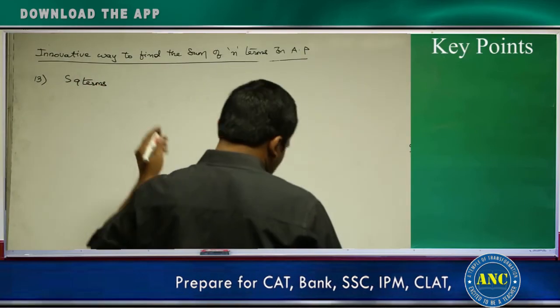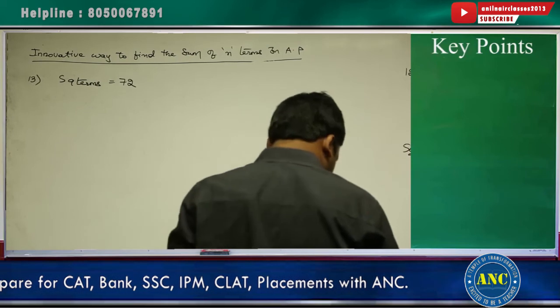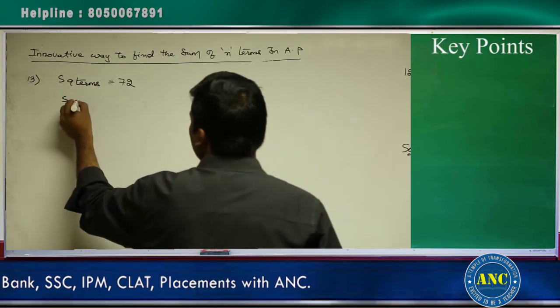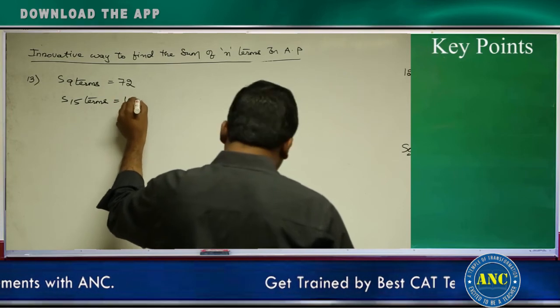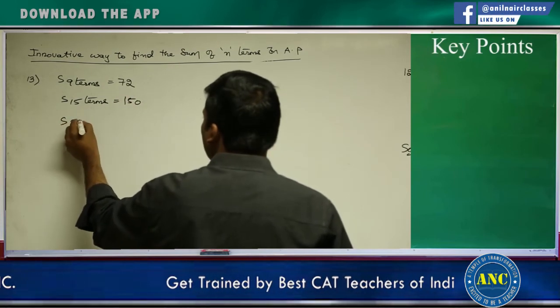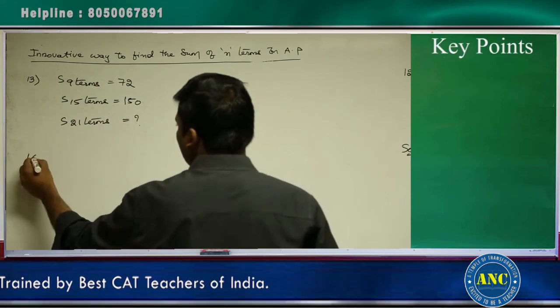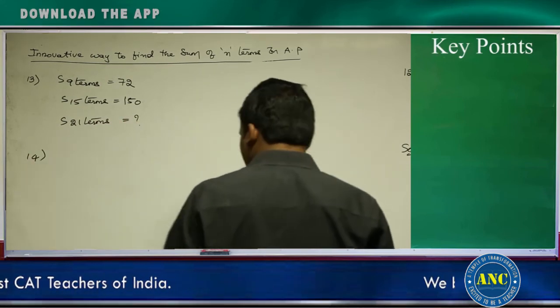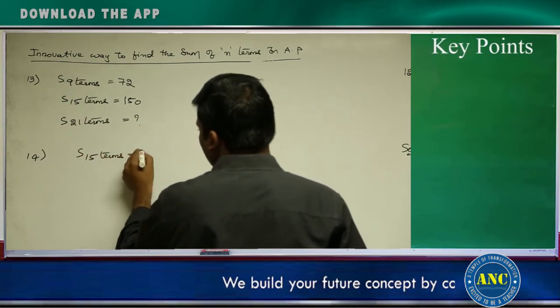Sum of 9 terms in an AP is 72. Sum of 15 terms in an AP is 150. Sum of 21 terms in an AP is how much? First question. Sum of 15 terms is 150.